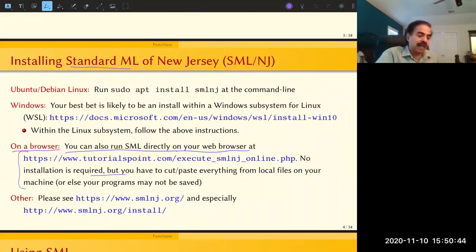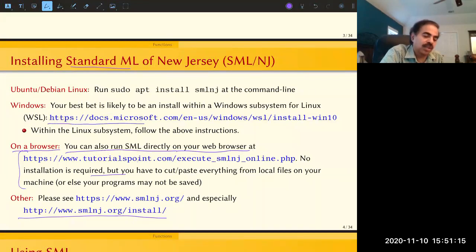So if you have a Mac, then you can again install standard ML on a Mac. So if you look at this website, it'll tell you exactly how to install on your Mac. You can also install on Windows, which is actually easier because on Windows these days, Windows gives you pretty much a Linux machine.